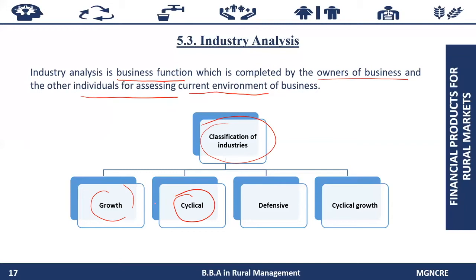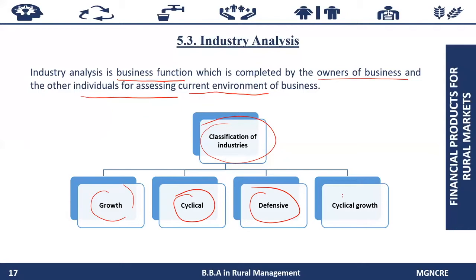Then a defensive industry is one which defies the business cycle movement, and this industry expands and earns income in the period of depression too, under the government's umbrella and related to protection, and it is counter-cyclical in nature.